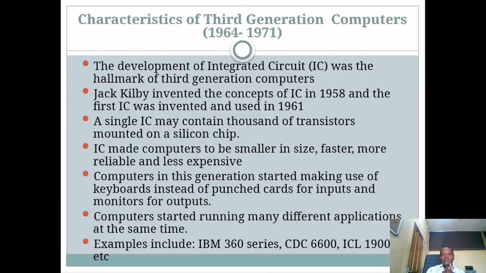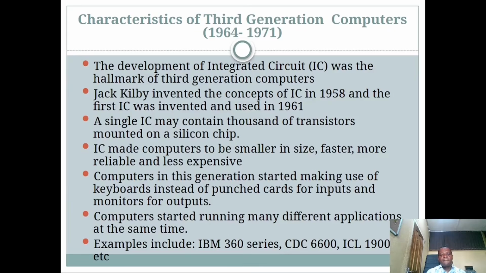But in third generation, computer systems started making use of the keyboard to enter data and programs, and monitors for output.